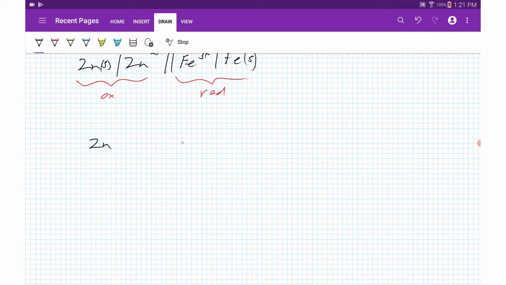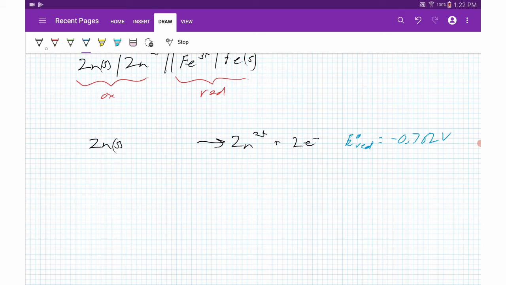So I have zinc solid, which is my electrode, going to zinc 2+. That electrode clearly has to be active because zinc is being removed from the electrode. To balance this, I'm going to need 2 electrons, and I need the reduction potential as well of negative 0.762 volts.